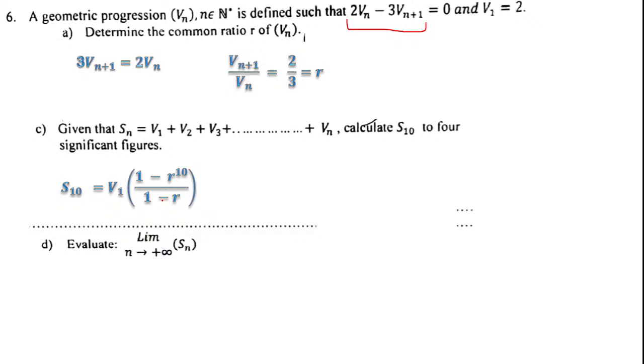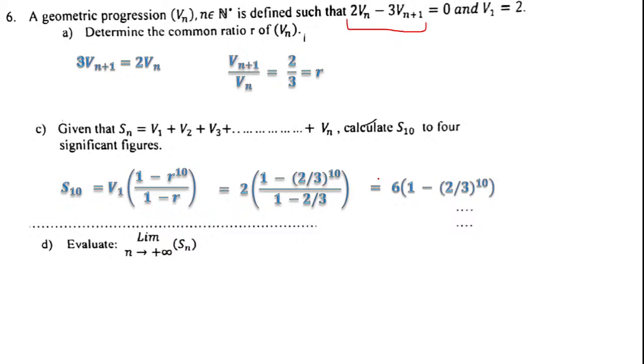So this will give us 2 into 1 minus (2 on 3) to the power 10, all that on 1 minus 2 on 3. So if you further simplify, we'll have 6 into 1 minus (2 on 3) to the power 10. And what will be this value?